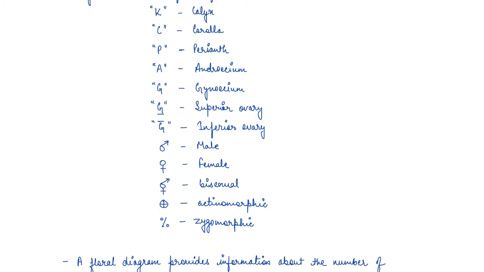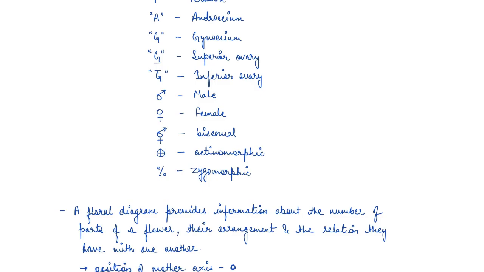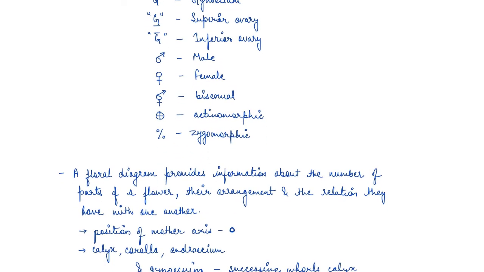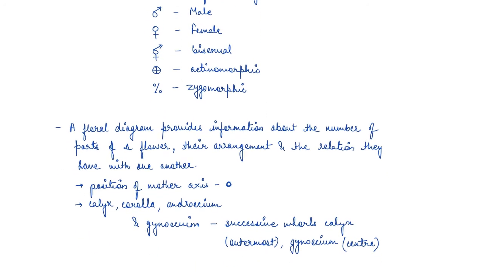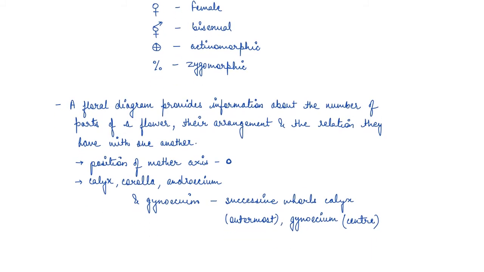So basically, the floral diagram provides information about the number of parts of a flower, their arrangement, and the relation that they have with each other, or with one another, right? So it describes the position of the mother axis as well. Then calyx, corolla, androecium, and gynoecium are drawn in successive whorls.